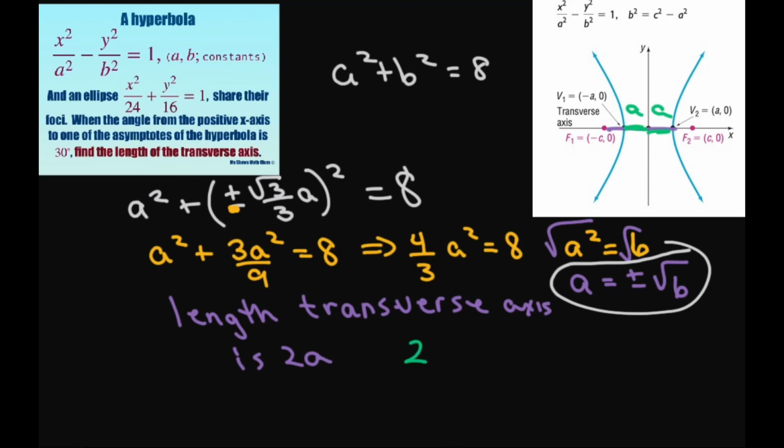So 2 times a is 2 times the positive square root of 6, because we're talking about length, and length has to be positive. So that's 2 times the square root of 6.